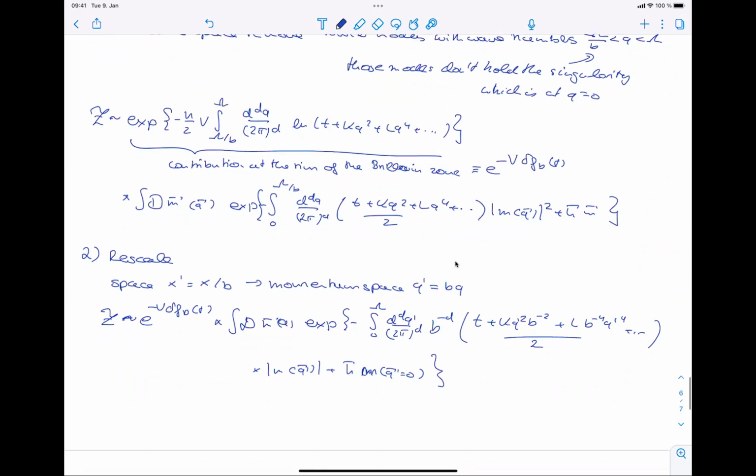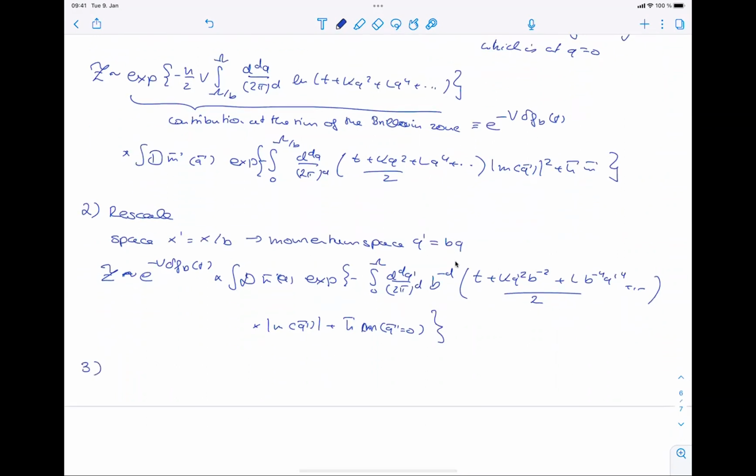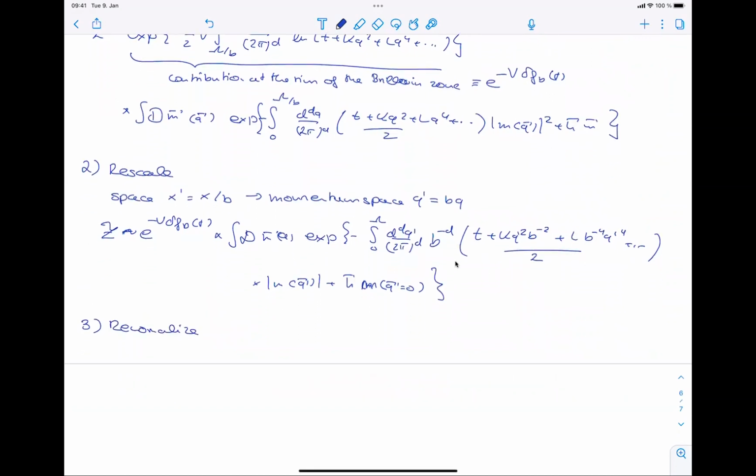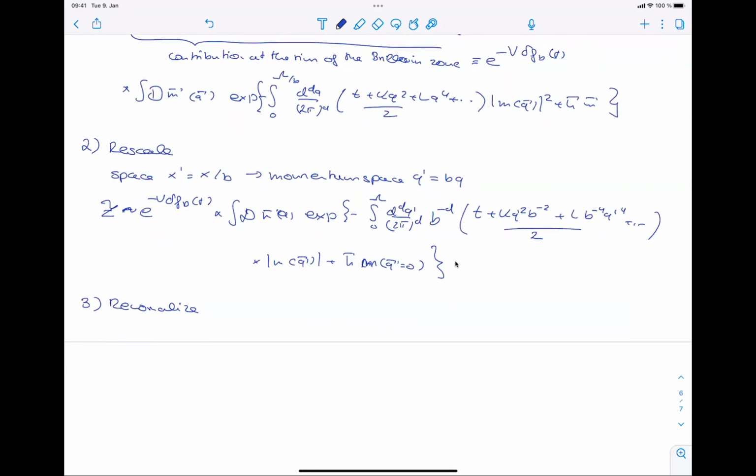And last, I renormalize to now find our transformation. And so we renormalize the magnetization m prime of x prime as m of x prime over xi. And in Fourier modes, this translates to m prime of q prime equal m of q prime over z.